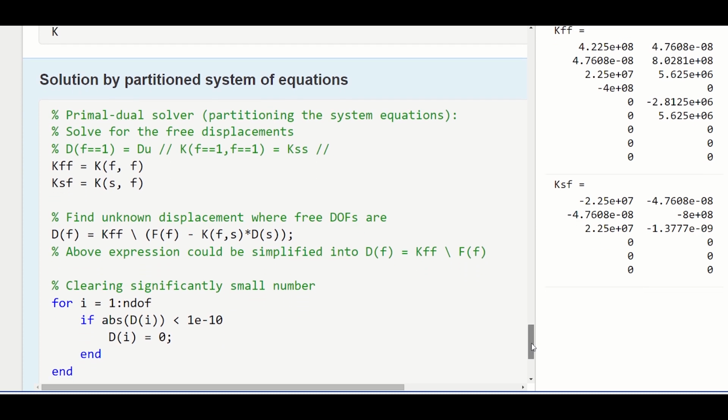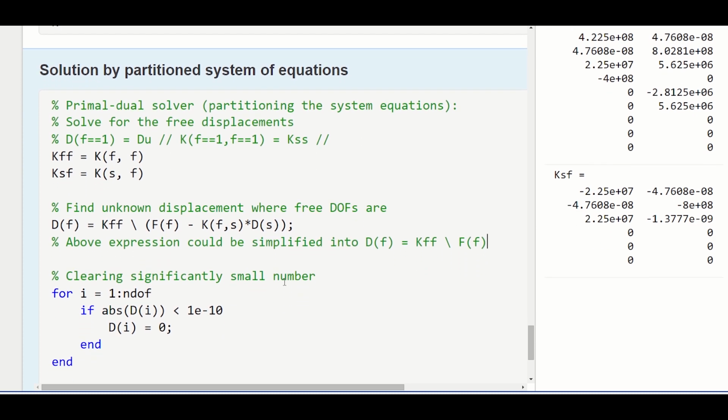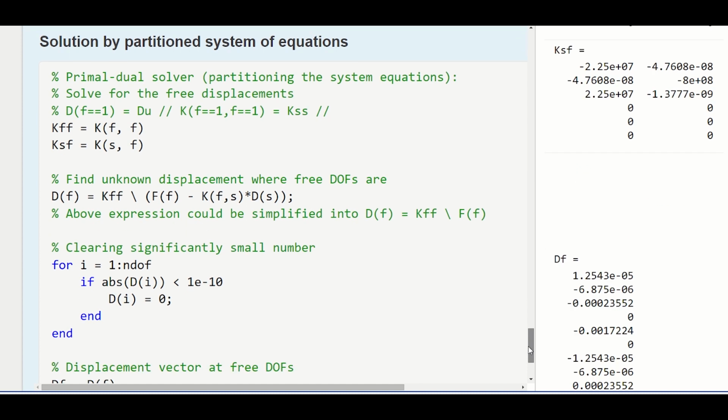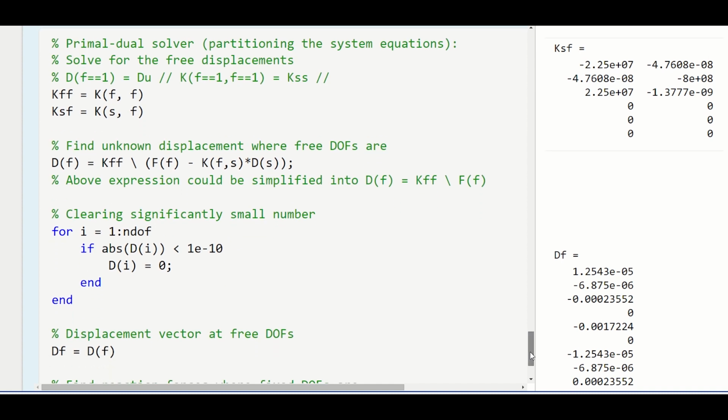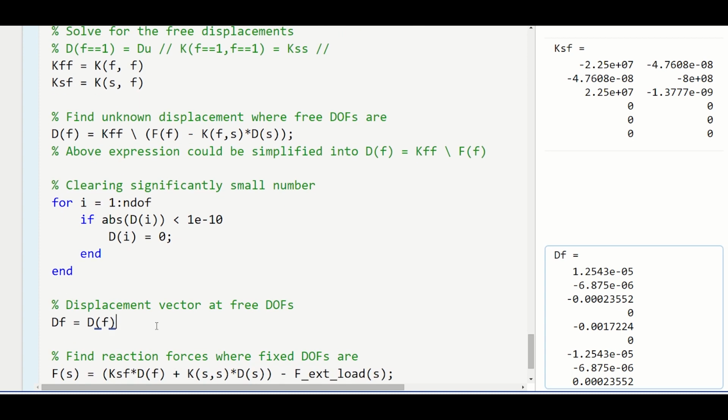So I'm just clearing significantly small numbers, going through the entire displacement vector. Whatever is smaller than 10 to the power of minus 10 equals 0. But remember that must be the absolute value, because otherwise you are erasing all negative values. So this gives df, the free degrees of freedom displacements. ds is simple, that is a 0. So the d matrix looks like this, and the other things are 0.